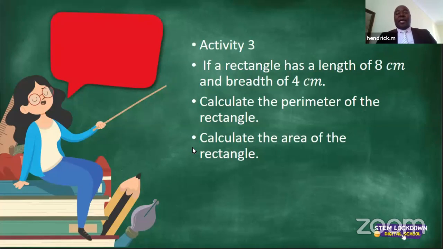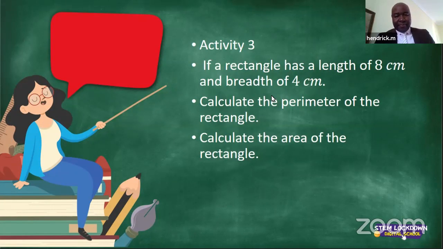Right. Let's proceed now to the activity here. We are given an activity here. Let's say that a rectangle has got the following sides, the length of 8 centimeters and the breadth of 4 centimeters.